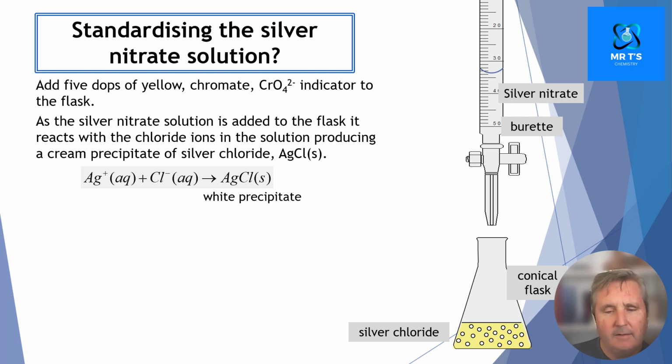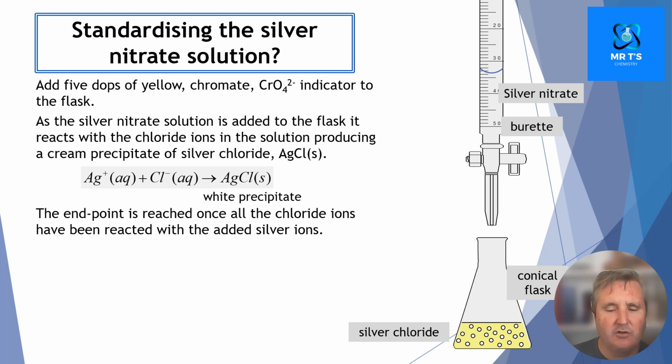You keep adding the silver nitrate, and then once you've added a certain amount, so we've added from about 22 up here down to 35 at the moment, we add a little bit more until we see the first change in color. Now we're looking for a peachy change in color.